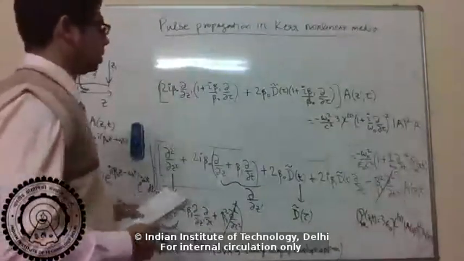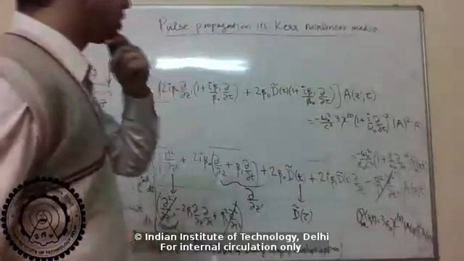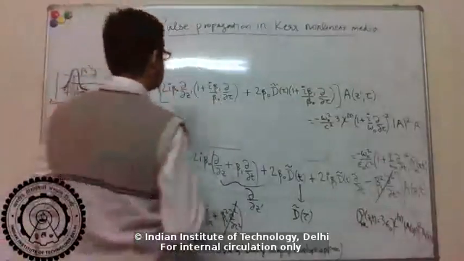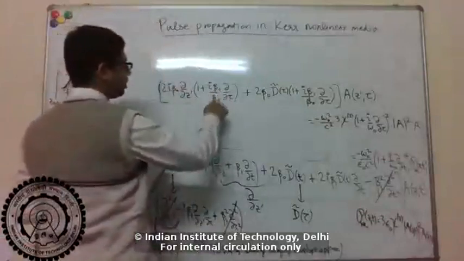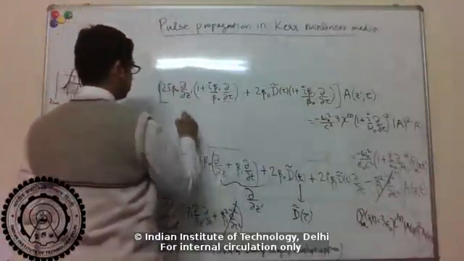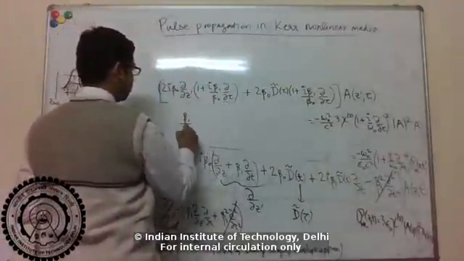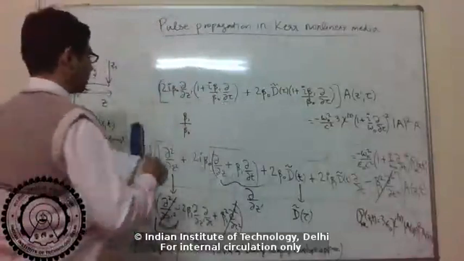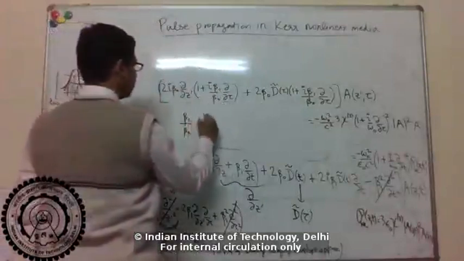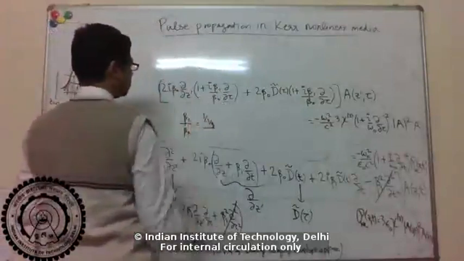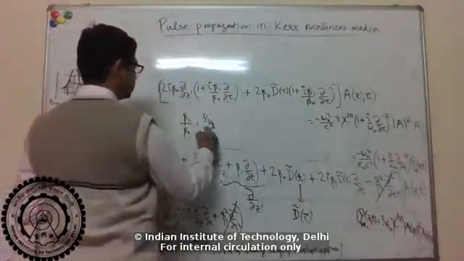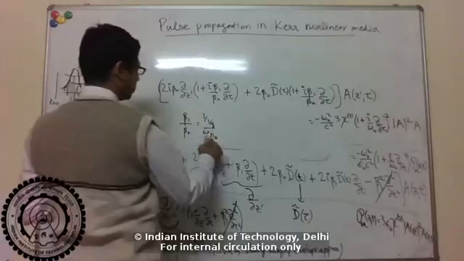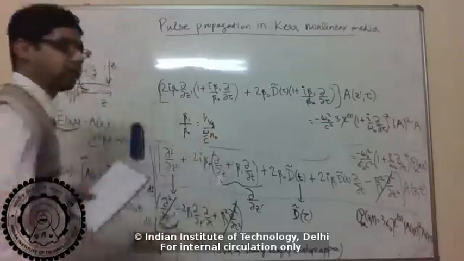Okay, so now to further simplify this, we can make another good approximation. So this term beta 1 by beta naught. Right, so beta 1 by beta naught is basically, so beta 1 is what? 1 over Vg, right? And beta naught is omega over C times the refractive index at omega naught, right?